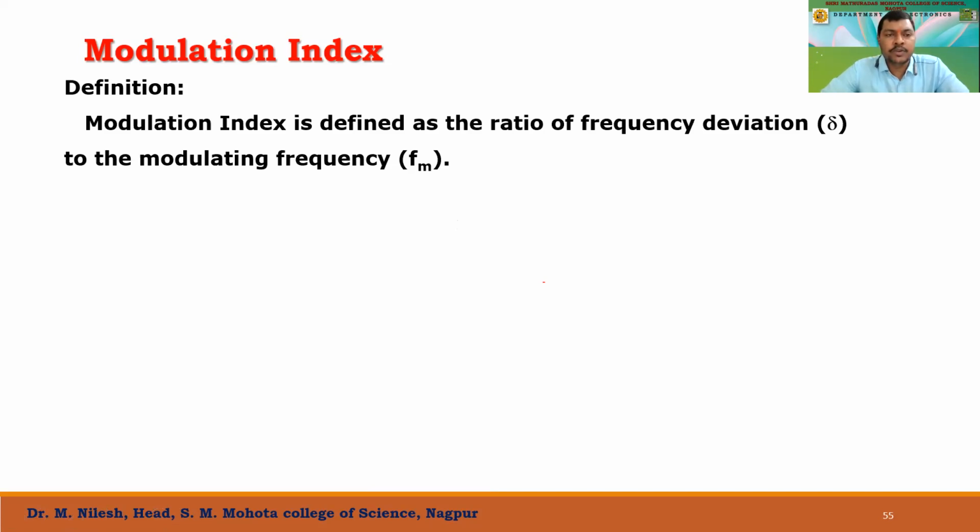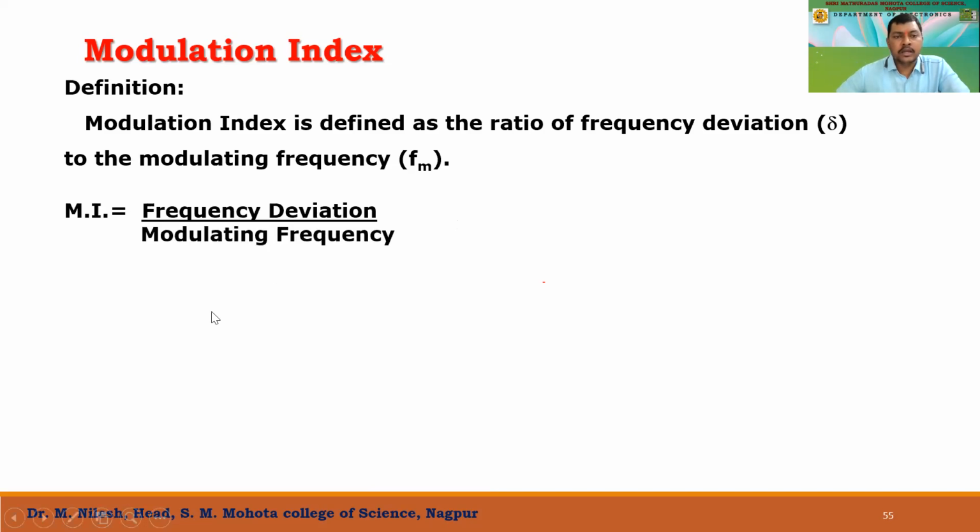Now in frequency modulation, the modulation index is defined as the ratio of frequency deviation delta to the modulating frequency Fm. If you write it as a formula, frequency deviation by modulating frequency is delta upon Fm.